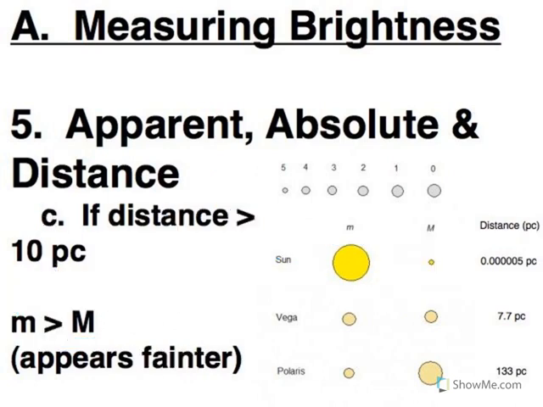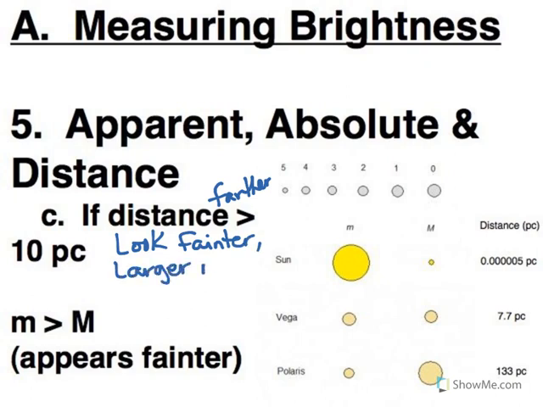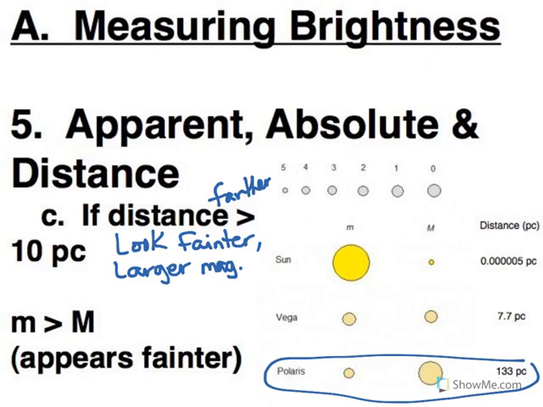And then our last scenario, if the distance is farther than 10 parsecs, then it's going to look fainter, which means a larger magnitude number. So Polaris here, we've got an example, 133 parsecs away. Here's our apparent magnitude. Polaris, reasonably bright in the sky, looks to be about second magnitude.